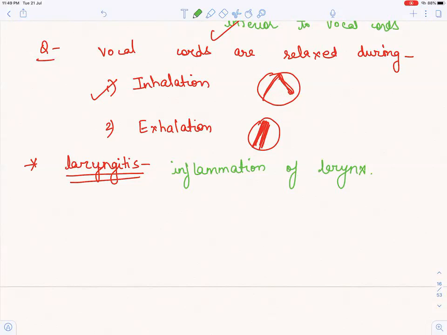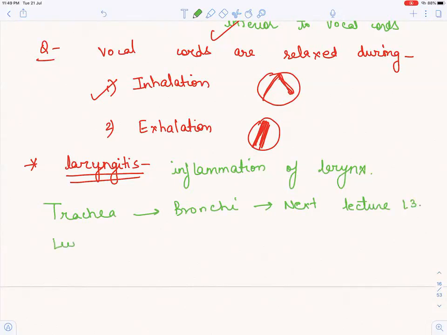Next we'll do the trachea, and then we'll do bronchi. That will be lecture 3.